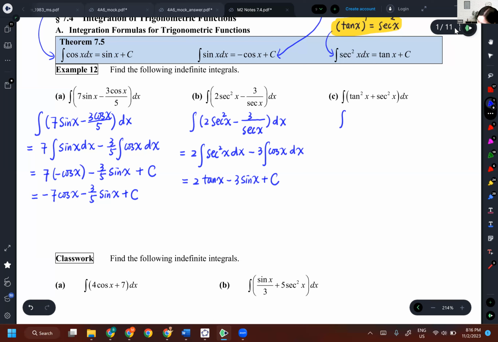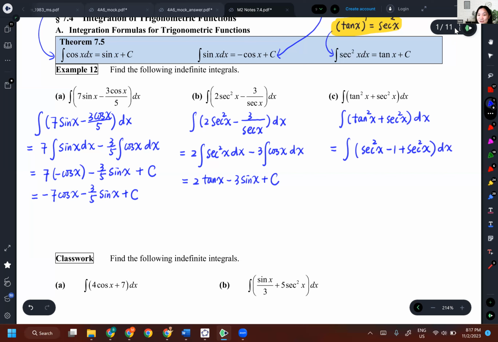The last one, copy the question. The integral of tangent x squared plus secant x squared dx equals. For this one, we need to change tangent to secant. So I have secant x squared minus 1 plus secant x squared, close bracket, dx.